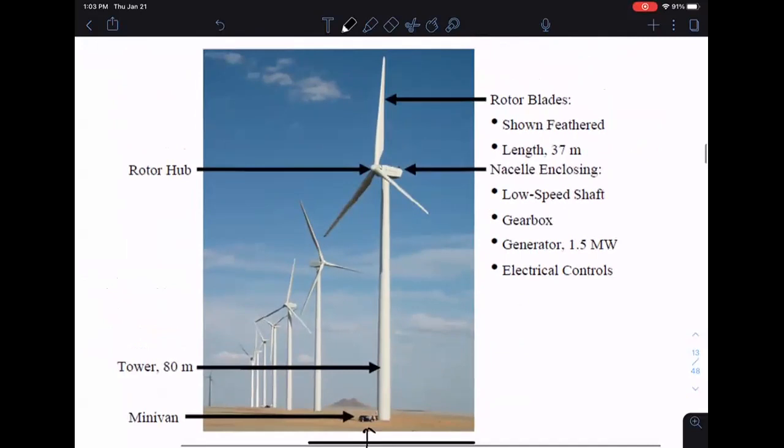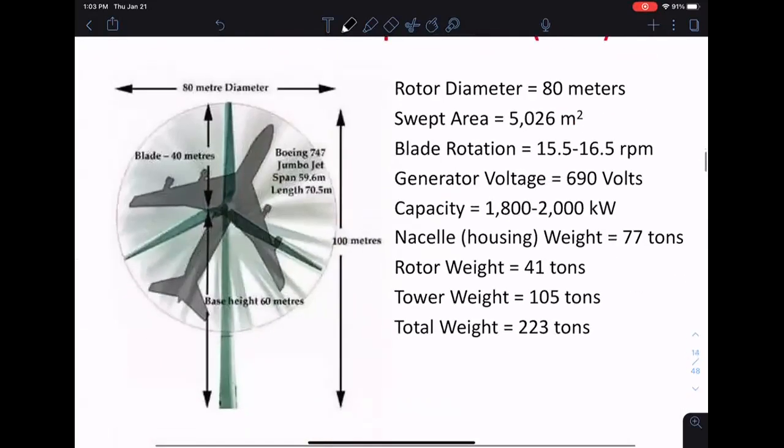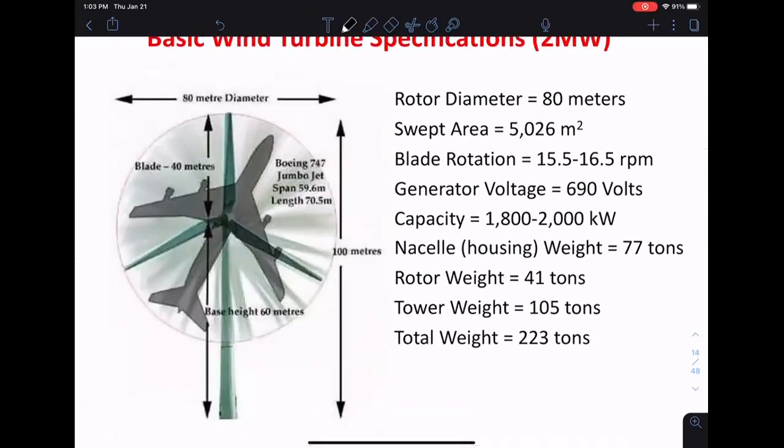So this tower is 80 meters, the blade length is 37 meters. This gives you a sense of how big these machines are. These are not small machines. Again, to put it in perspective, this will sweep out a circle with a diameter that's bigger than a Boeing 747.